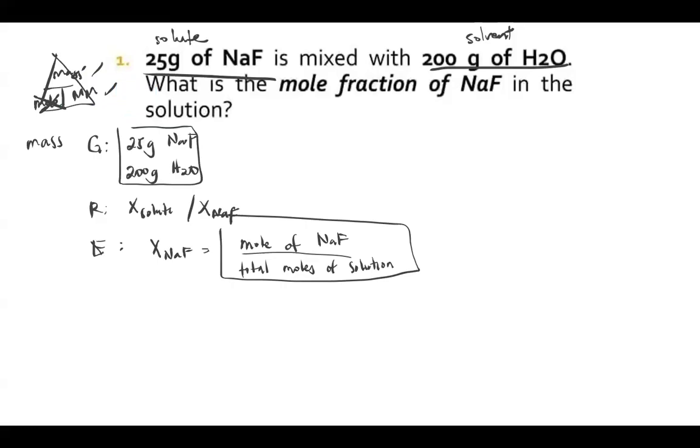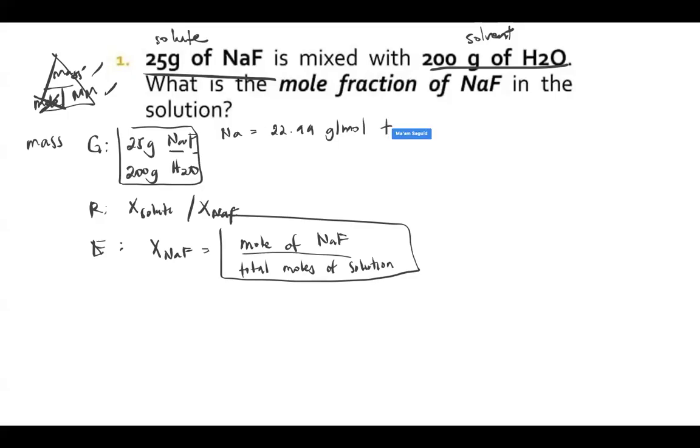It's by looking at your periodic table and checking each of the elements in the compound, and then checking their specific numbers, or the atomic masses. For sodium, you will see there, sodium has 22.99 grams per mole on your periodic table. So check your periodic table.